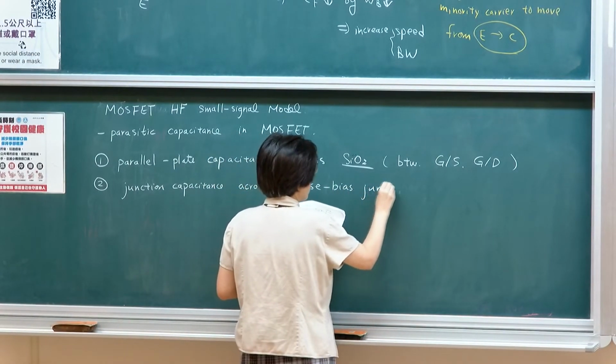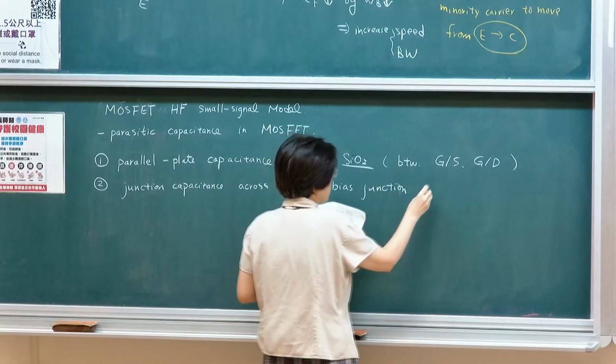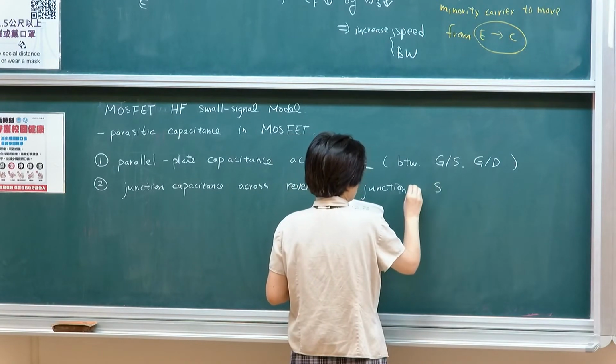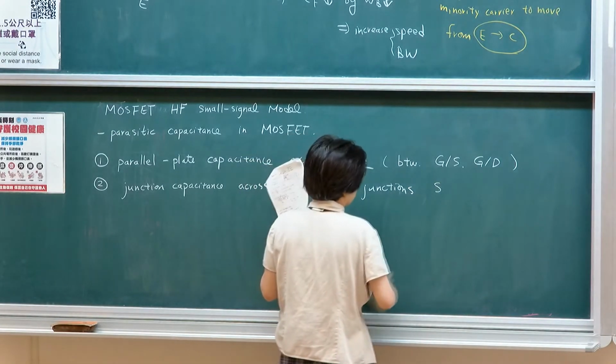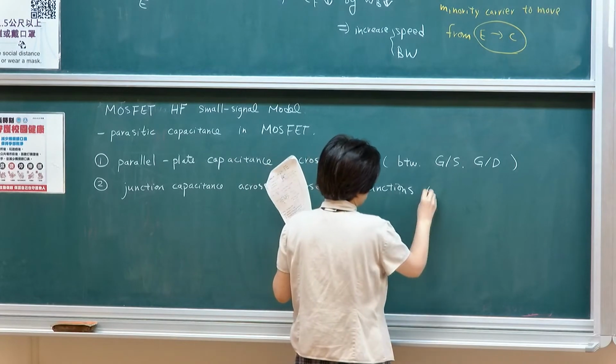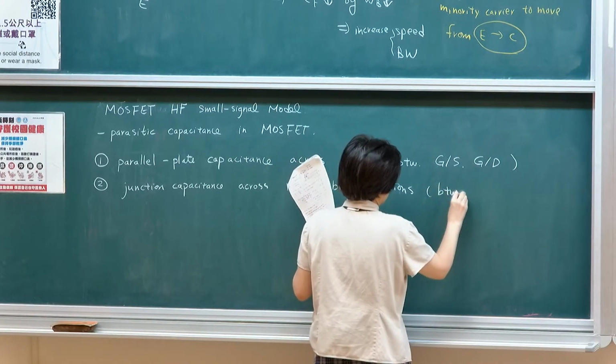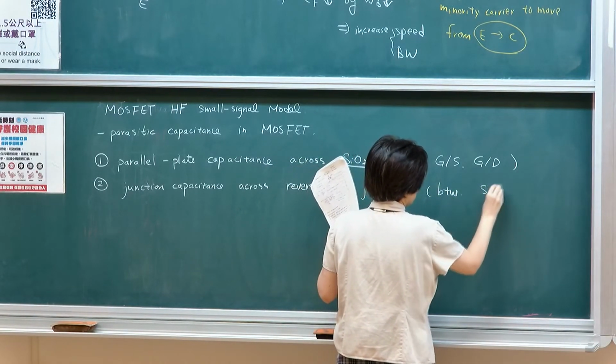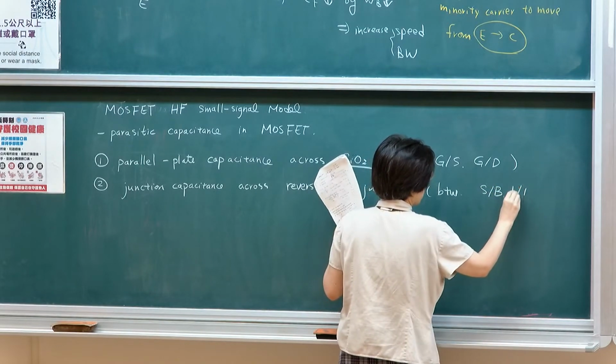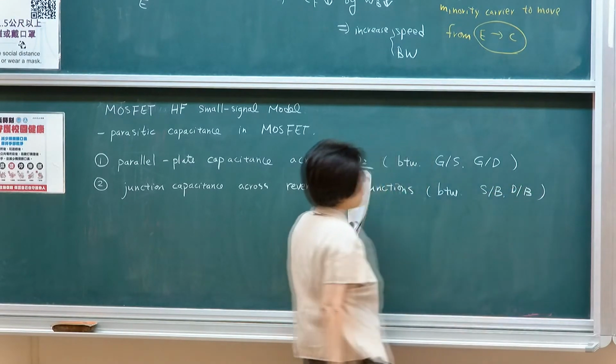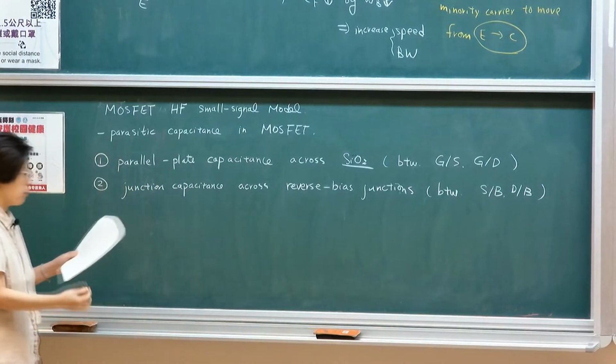So what are the reverse bias junctions? There's the source to body and the drain to body. These are reverse bias junctions.